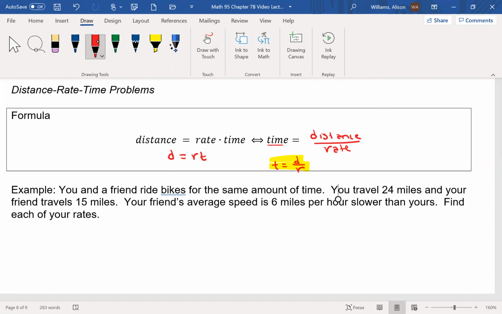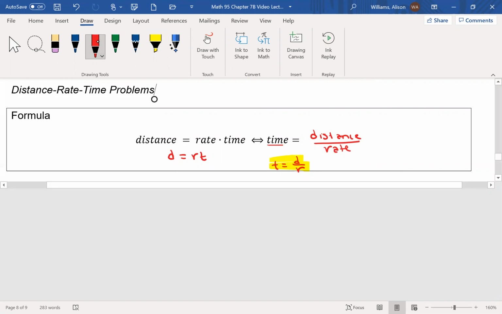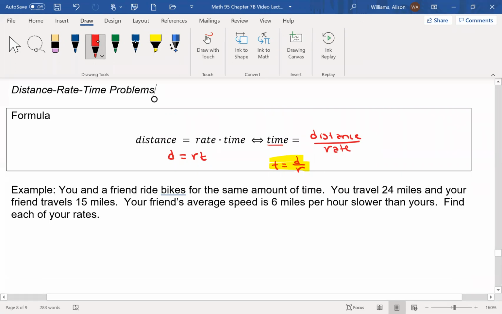Okay, so here's what we're going to do. I'm just realizing the cursor is kind of on the screen. It's kind of annoying. Sorry. All right, so we're going to write our variables. So they want to know your speed and your friend's speed. So let's go ahead and let x be my speed.